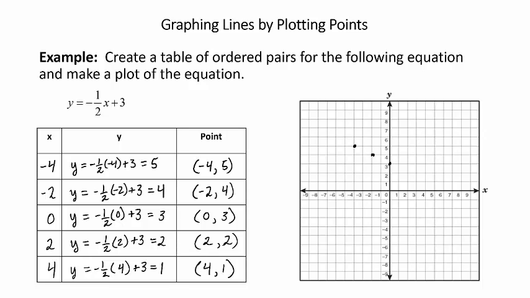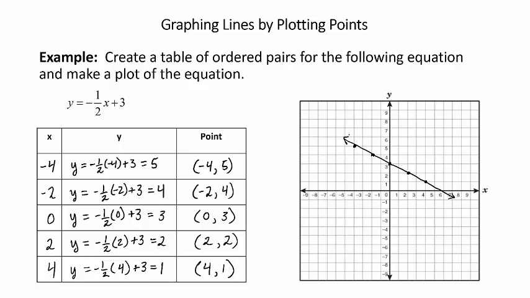And when x is 2, y is 2. So here we go, 2, 2. And then we have the point 4, 1. Okay. Now, it's linear. Do we need all of these points? No, but luckily they're all in line. So we connect the dots and we have this line y equals -1/2 x plus 3.